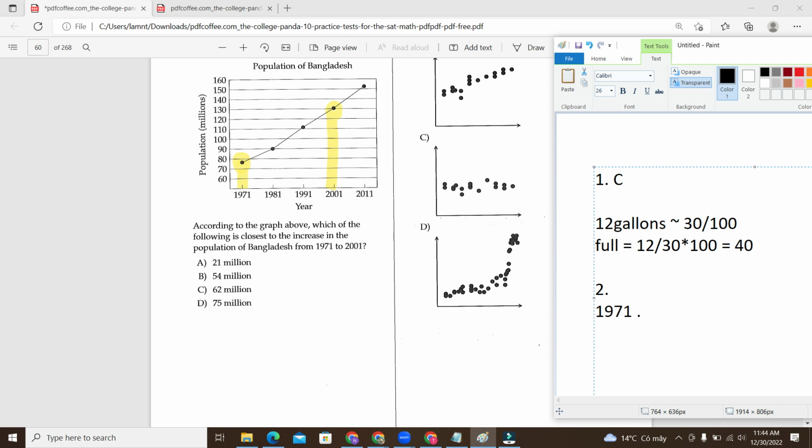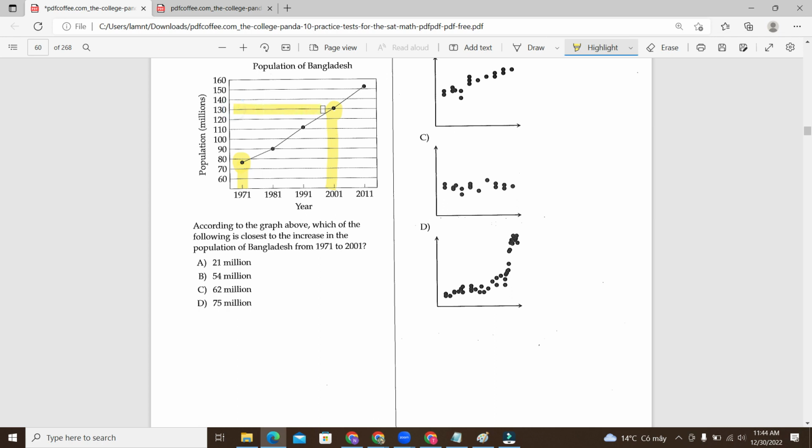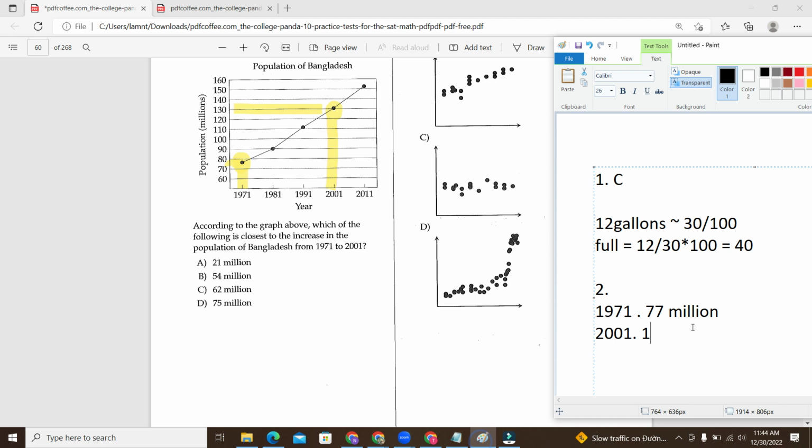In 1971, Bangladesh has roughly 77 million people. In 2001, that is 130 million, right? Because here 130 is right on the line, and this part is approximately 77. So 130 million for 2001.